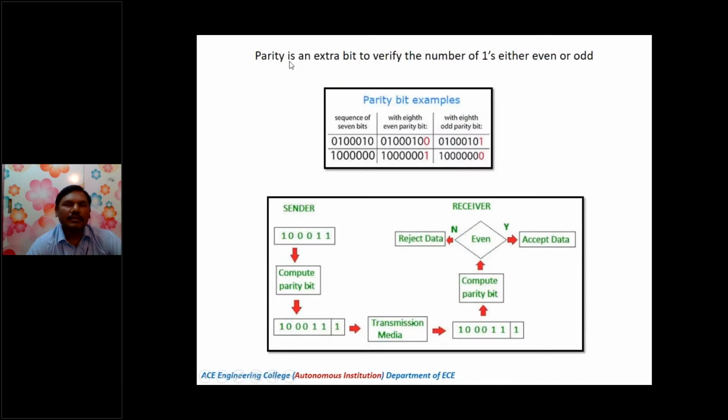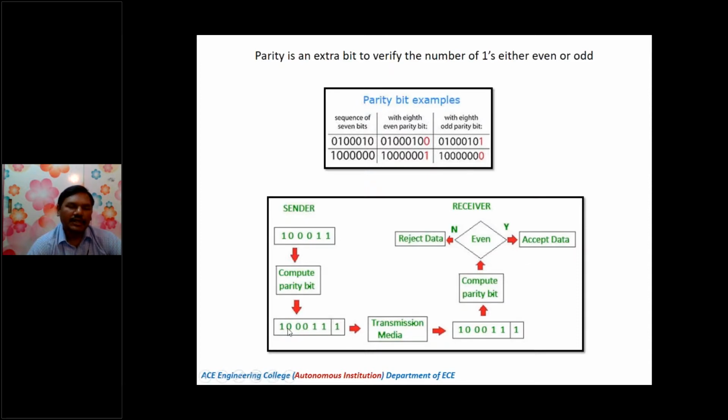Parity is an extra bit to verify whether the number of ones is even or odd, and this parity bit is mainly used in communication devices to check for errors. This is the sender and this is the receiver, and to this data we add one parity bit.